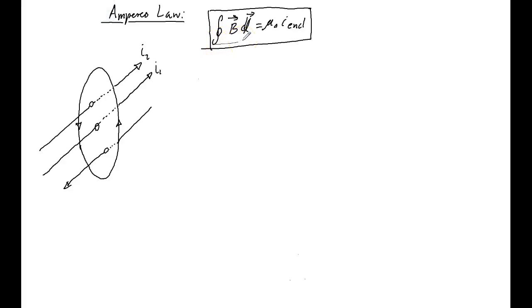Breaking each piece of the loop into a tiny little section, multiplying its magnetic field there, times in the direction that the loop's going, times that little length of that segment. And if you added all of that up all the way around, it would be equal to a constant mu sub 0 times whatever current is enclosed by the loop.